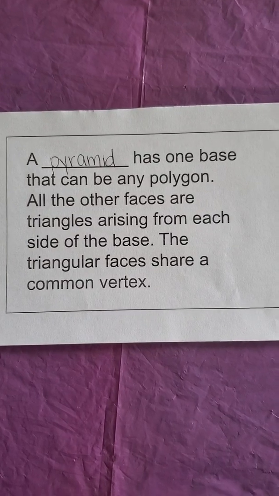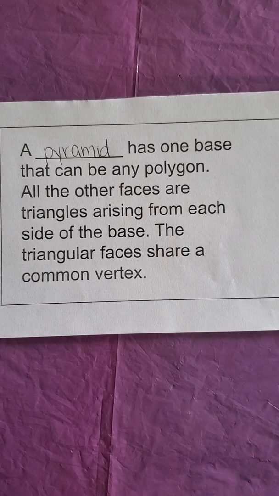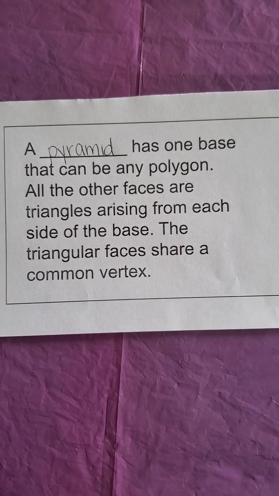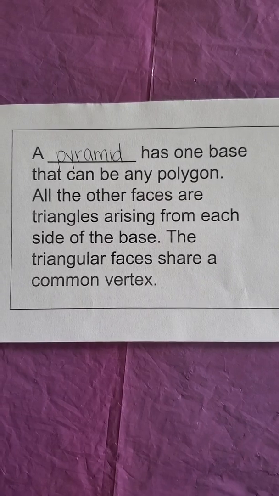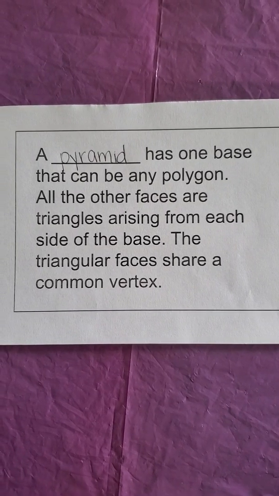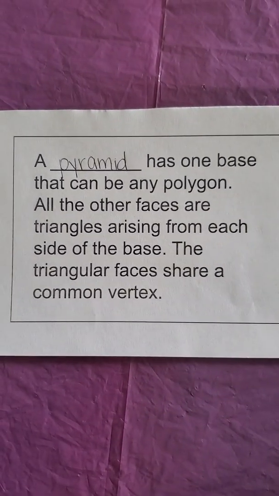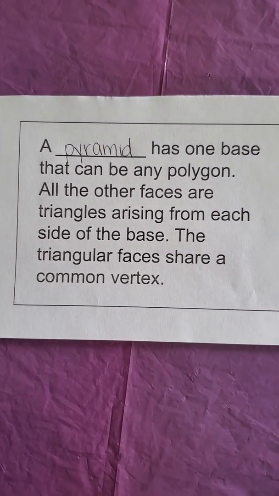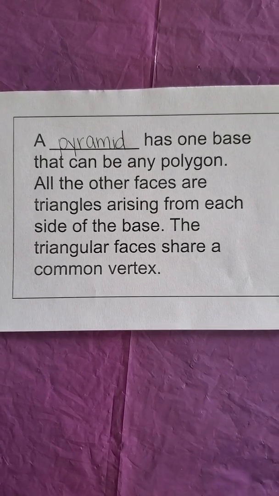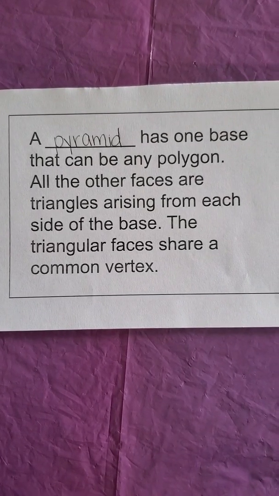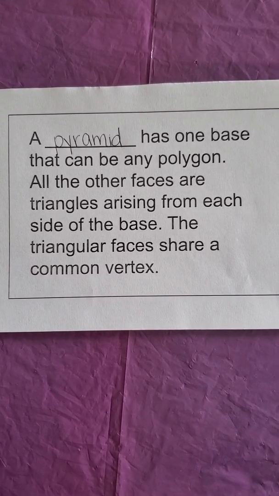Let's take apart the definition. A pyramid has one base that can be any polygon. So again, polygon is any shape, and a base is the surface at the top or bottom, or face that's top or bottom. All other faces are triangles arising from each side of the base.